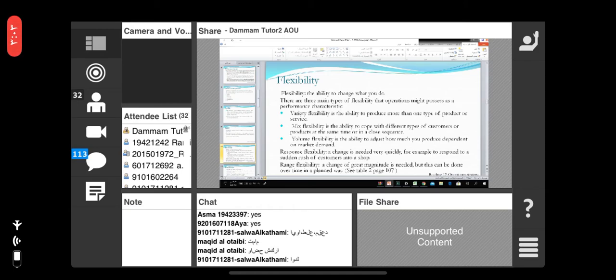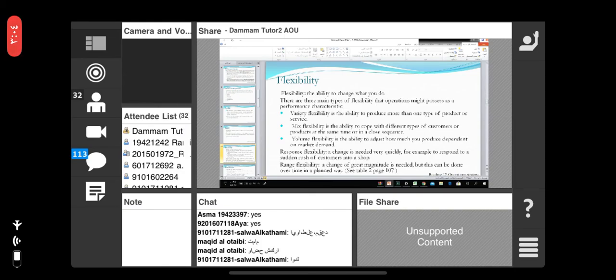Okay, and flexibility, sometimes you have to have different type for the customer or product at same time sometimes. يعني ما هو تنتج only one product same product، لازم يكون عندك different types، لازم يكون عندك variety of product.